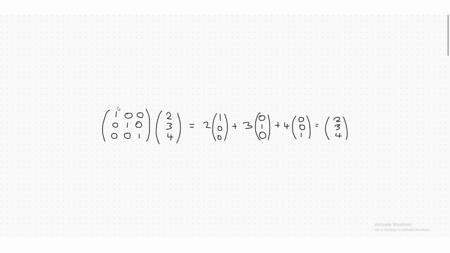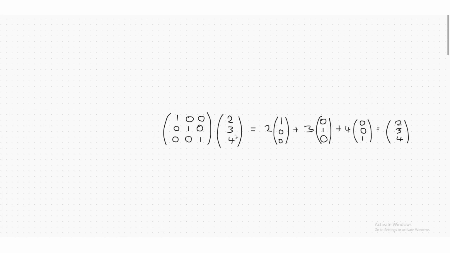This means this vector has 2 amounts of that first basis vector, which is 1, 0, 0, 3 amounts of the second, as shown here, and 4 amounts of the third. This is a nice way to link the definition of each element of a vector with our matrix, because usually matrix multiplication is taught a little bit differently, but this is what it actually means.